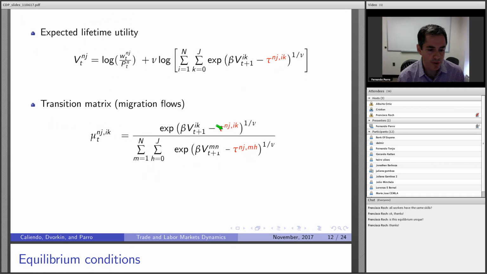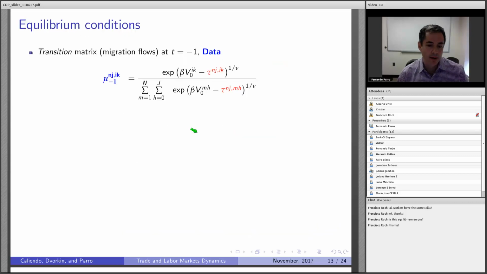From this equation, it's pretty evident that there is an infinite combination of migration costs, tau, and values that can rationalize migration flows in the data. And therefore, in principle, there is no hope that we can compute the values without having any information on migration costs.